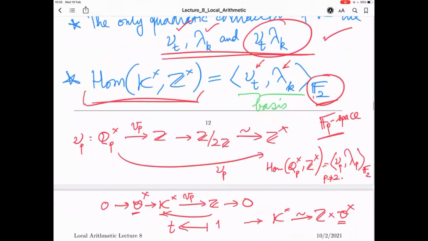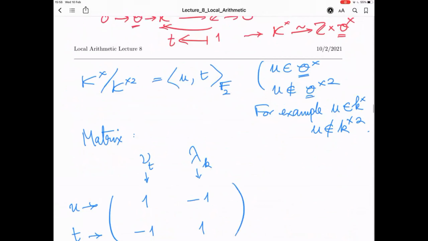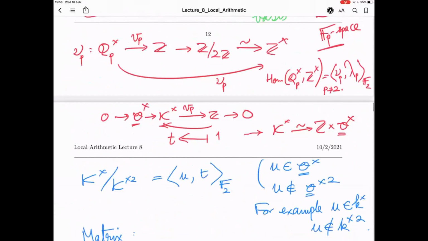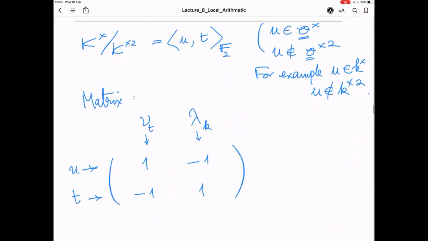So the person who asked, why do we take K to be a finite field? All this will not work if the field K is not finite, right? So to preserve this analogy with the case of Zp and Qp. But this group K star modulo squares is, of course, a vector space over F2.